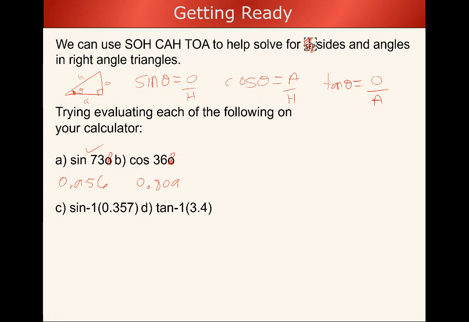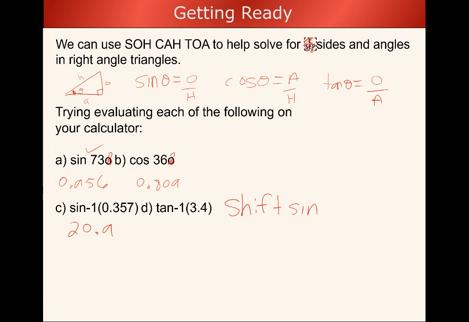And then the sine -1, it's supposed to be the power of -1. On your calculator, that's second function or shift on my calculator. So the first one would be shift sine, which makes it to the power -1. So I go shift sine and then 0.357. And it gives me 20.9 with 3 digits.